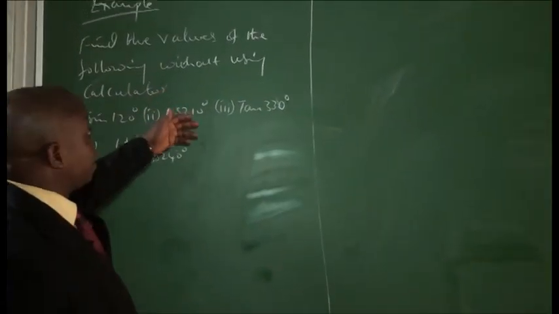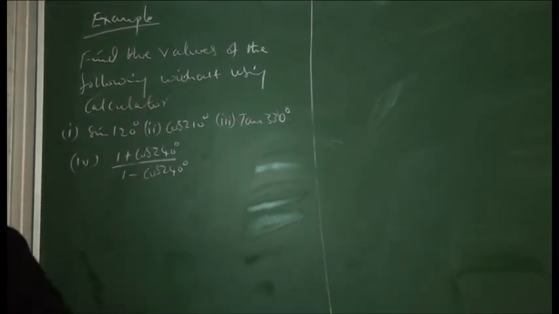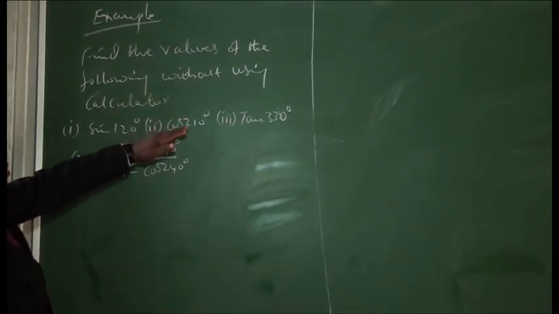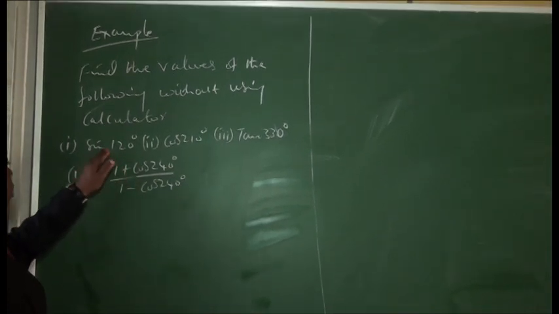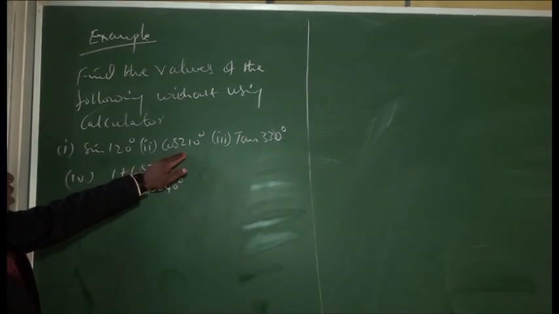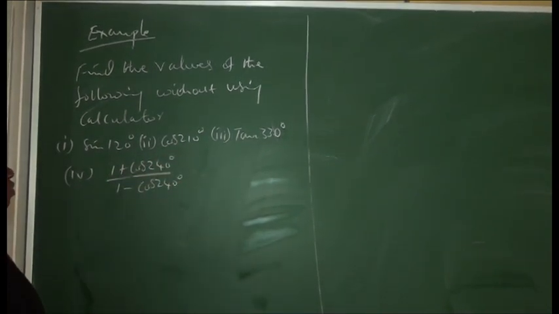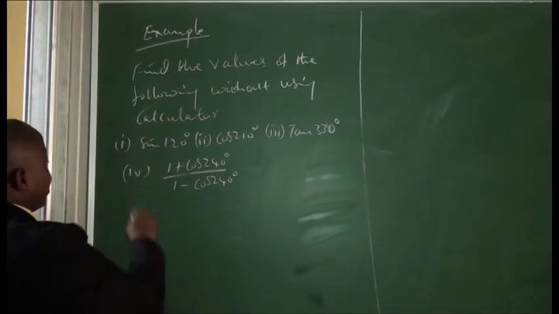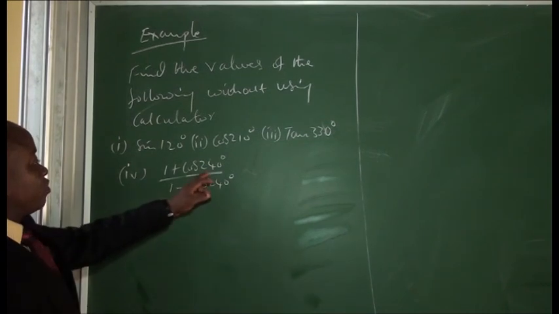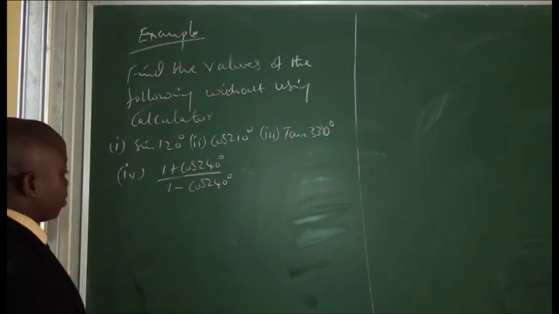Right, we look at practical examples. Find the values of the following without using a calculator. Now the questions are: I, sine 120; II, cos 210; III, tan 330 degrees; then IV says 1 plus cos 240 degrees divided by 1 minus cos 240 degrees.